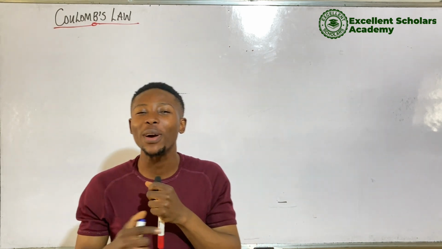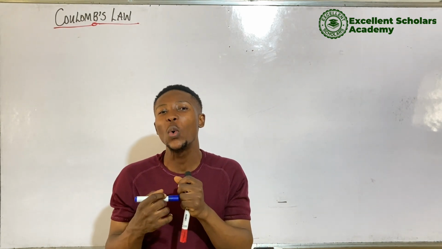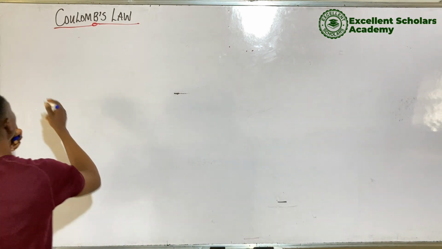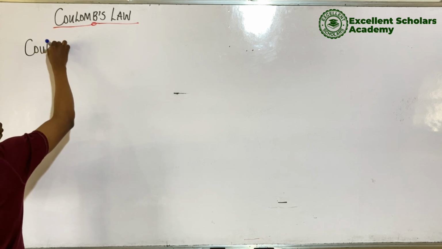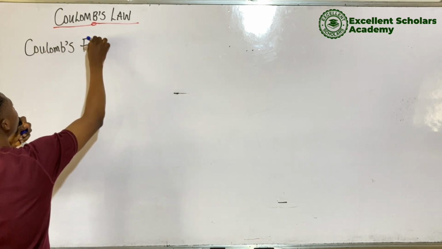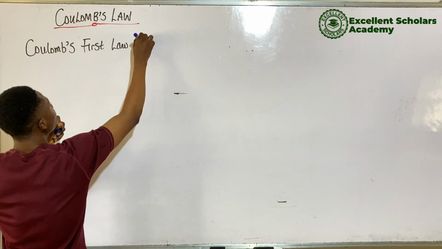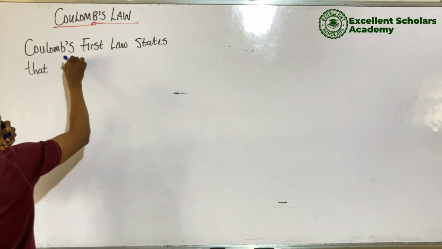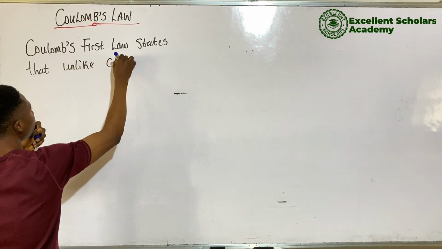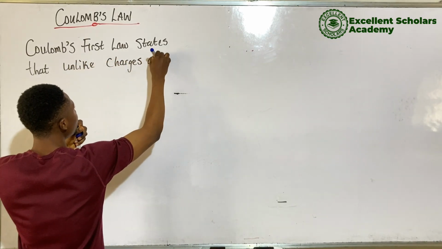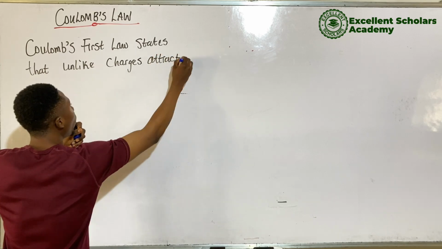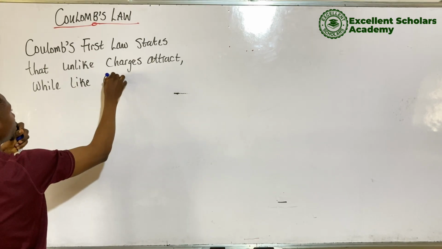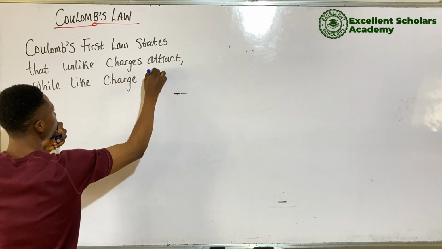Now, Coulomb's law talks about forces that exist between charges. I'm going to start with explaining the first law. Coulomb's first law states that unlike charges attract, while like charges repel.